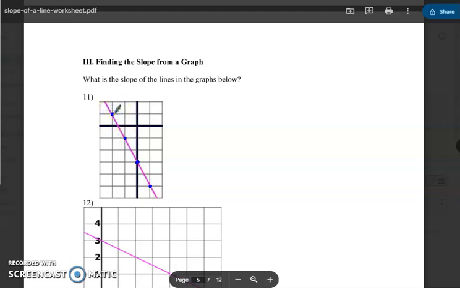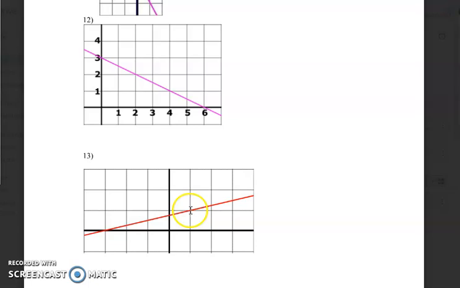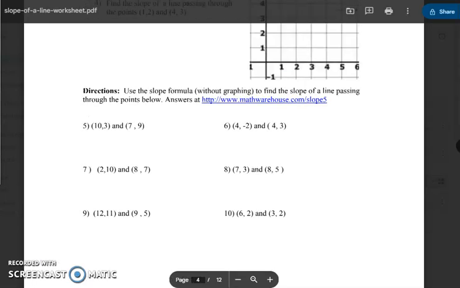So when you're doing this, you can choose any 2 points to do rise and run. I'm going to let you do that on number 12. Find where you can see a point that passes exactly on the grid. Several here. On here, definitely I can tell right there. Right there. So you're going to actually plot those points that you can tell exactly where they go.